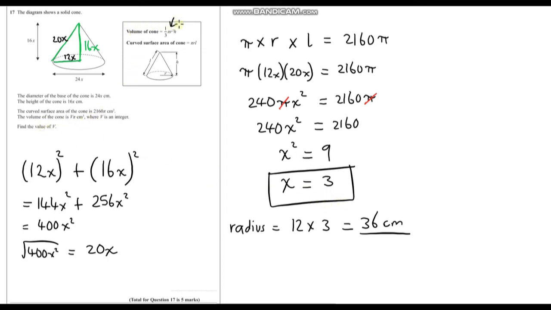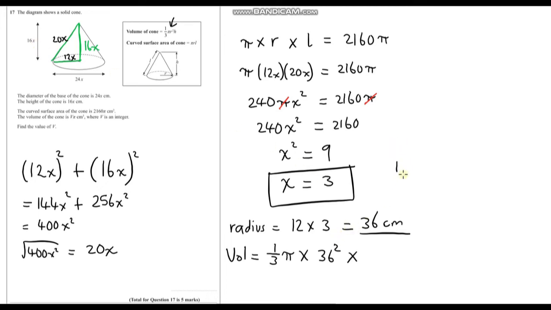So if we look at the formula for the volume of a cone, the volume is going to be 1/3 times pi times our radius squared. Our radius is 36, so 36 squared, multiplied by our height, and our height is 16x, and we know that x is 3.